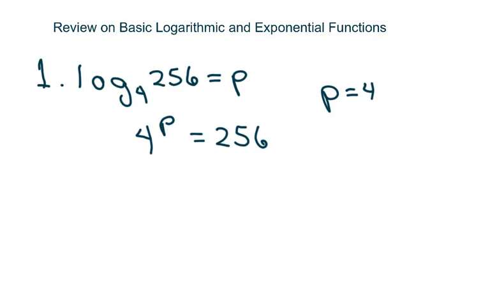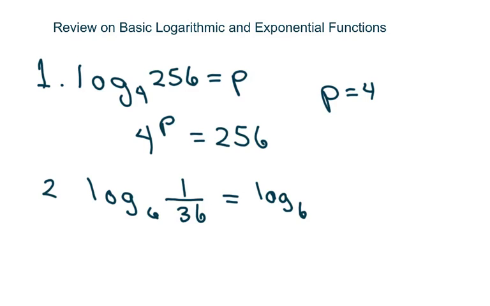Okay, another one we have: log base 6 of 1 over 36. I'm going to rewrite this as log base 6 of 6 to the negative 2, because I can rewrite 1 over 36 as 6 to the negative 2.